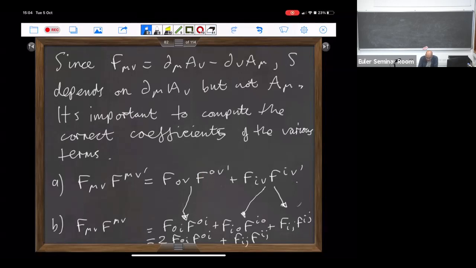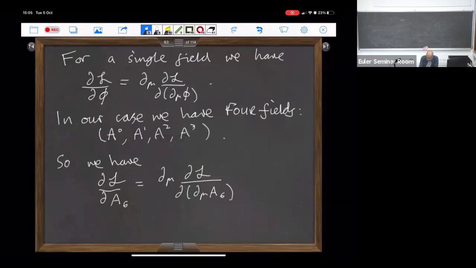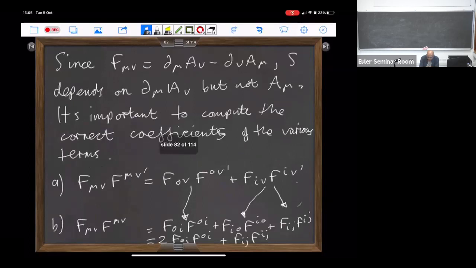So the end result is that F mu nu squared is twice F0i lower times F0i upper plus Fij lower contracted with Fij upper. We'll keep that expression in mind, the one at the bottom.